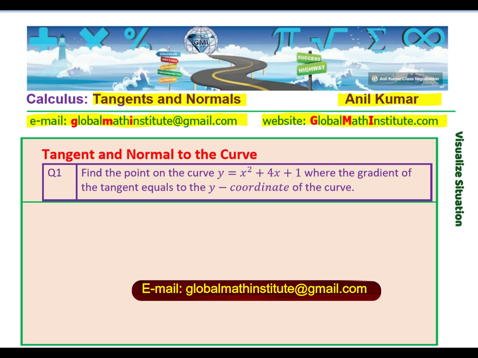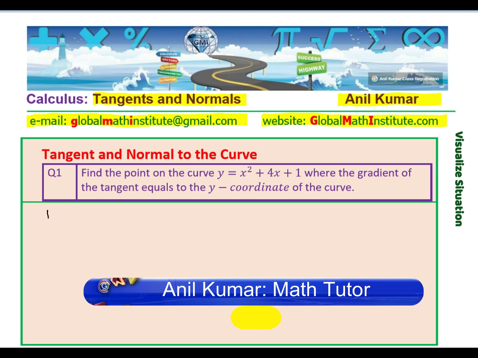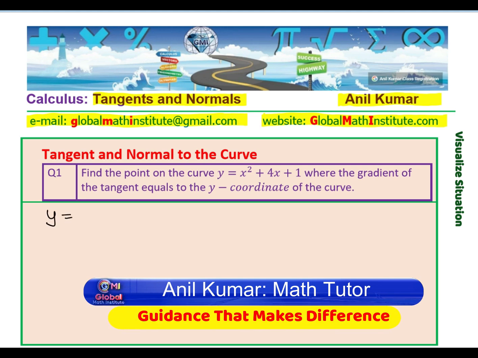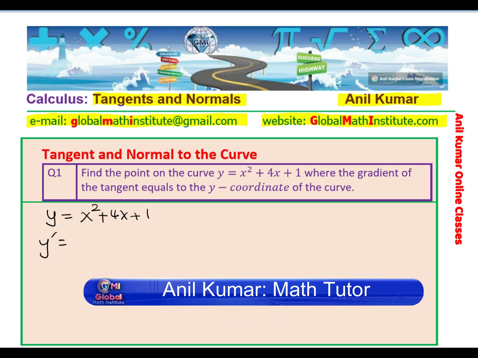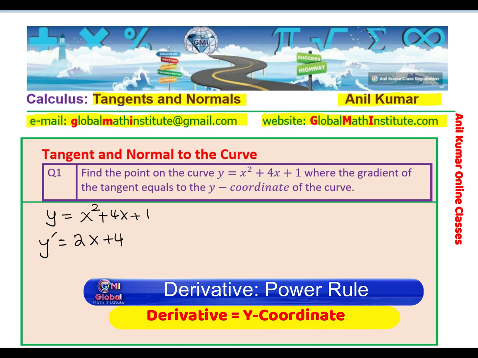One is the gradient to the curve, which is given to us as y equals x squared plus 4x plus 1, and the gradient basically is the derivative. So the derivative using power rules can be written as 2x plus 4. Now we want this gradient to be equal to the y coordinate of the curve, right?